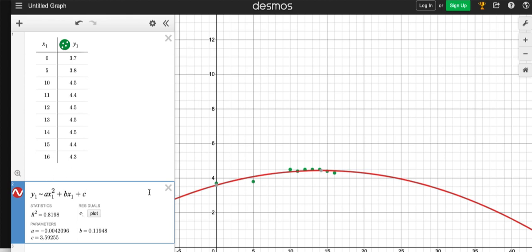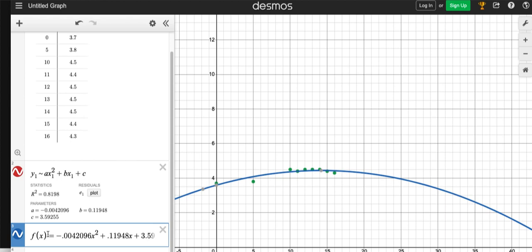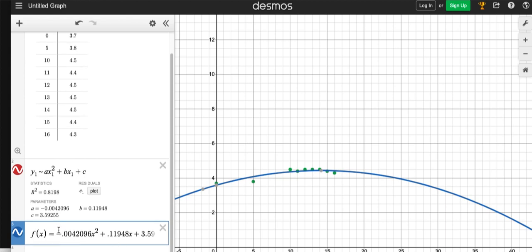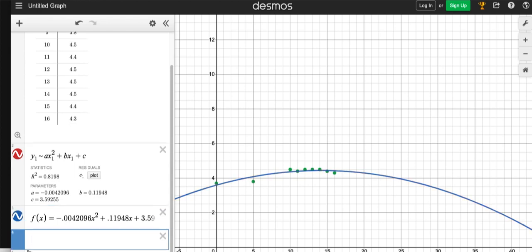And so what we'll do is we will write this as a function, and then we'll plug in or substitute in 30 years. So there that is, just plugged in all the a, b, and c values, made sure that it was an equation. I'm going to go down here, and now I'm going to let the calculator do the work for me by putting in f of 30.